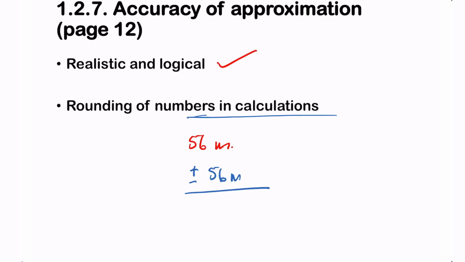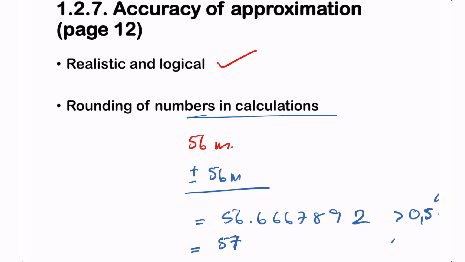So when we look at rounding off numbers, when you get to a final number of 56.676789 and you want to reduce that number and round it to its final result, you would round up. So you can round it to 57, because every number of 0.5 or greater gets rounded up, and less than 0.5 gets rounded down.